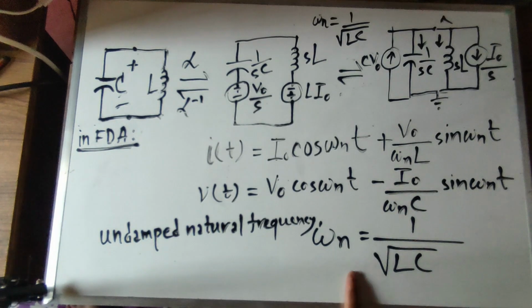Undamped natural frequency omega n is 1 by root over LC for the LC circuit. So this is the source free response of the LC circuit in both time and frequency domain.